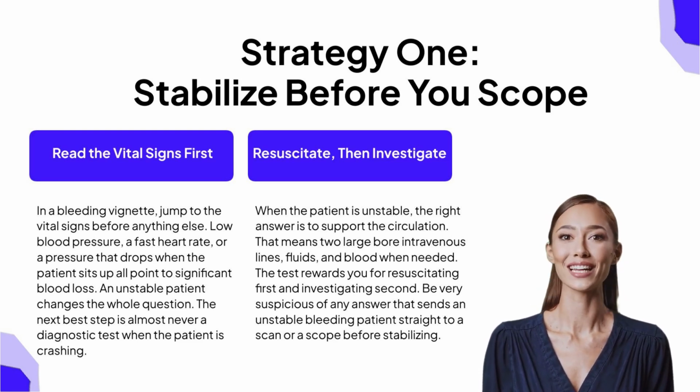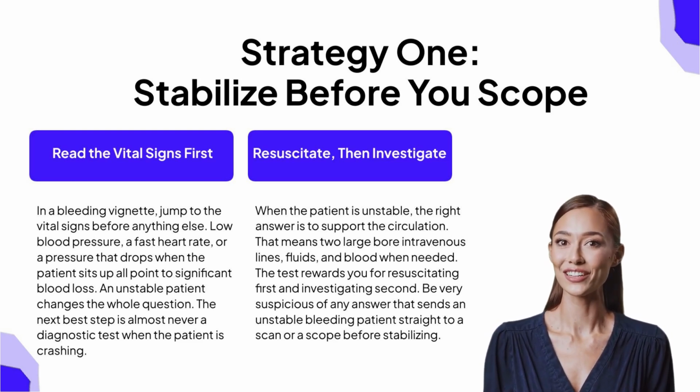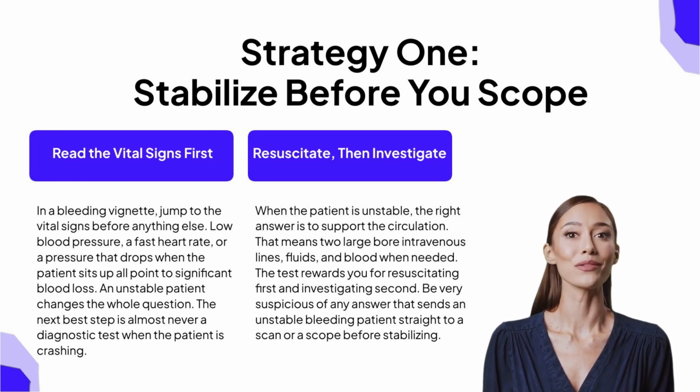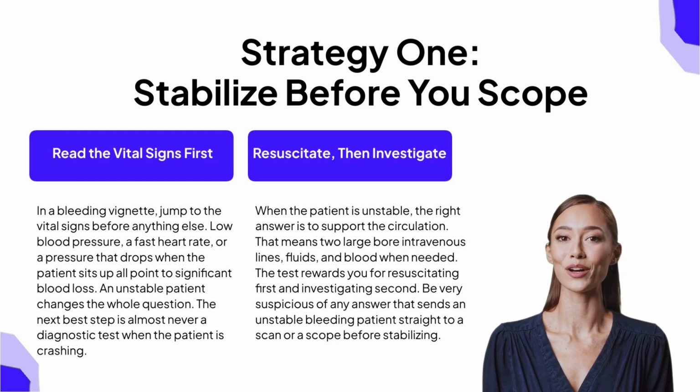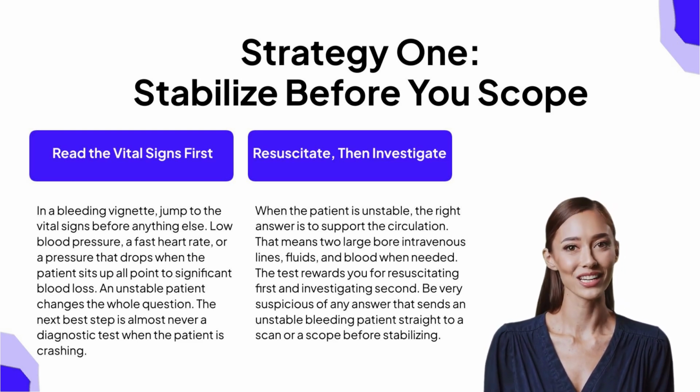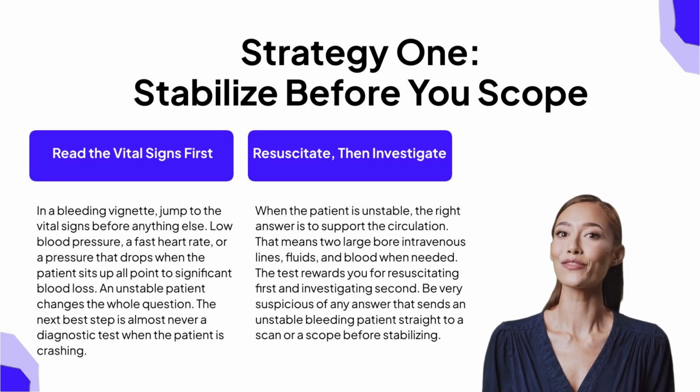Instead, the next best step is to support the circulation. Place 2 large bore intravenous lines, give fluids, and transfuse blood when it is needed. On step 3, you earn points by resuscitating first and investigating second. So when you see an answer choice that rushes an unstable, actively bleeding patient straight to imaging or straight to the endoscopy suite before any resuscitation, treat it as a trap. Stabilize the patient, then figure out where the blood is coming from.